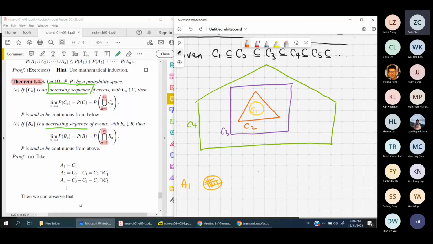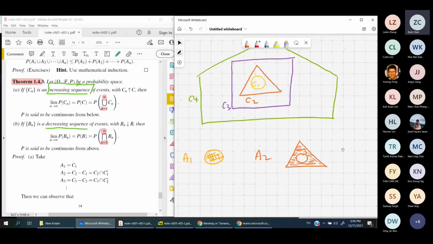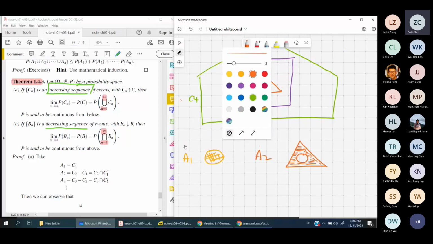So you look at it, which means your A2 will be the triangle, but excluding the one in the center. Am I right? Now you look at here. I think it's clear, right? This is actually the one inside here. So that means you can see A1, A2 are disjoint.